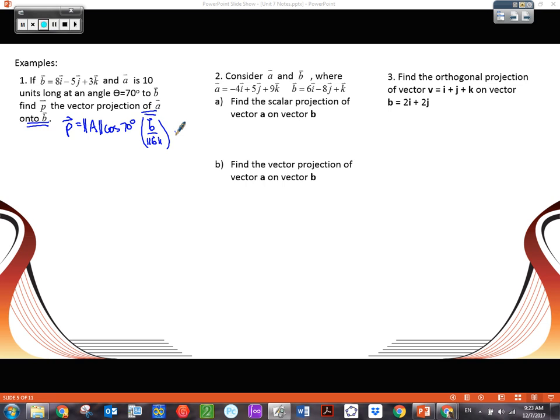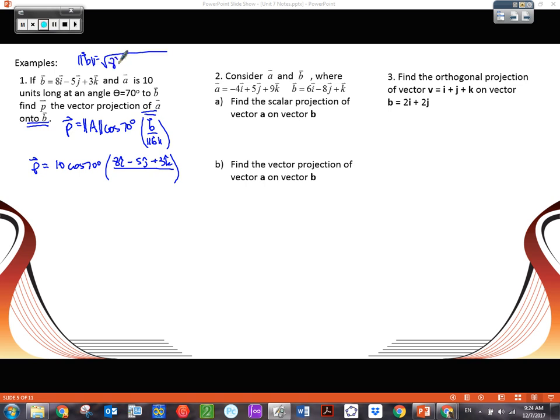So let's do that. The magnitude of A, we're told, is 10. We already have that, right? So it's 10 cosine 70 degrees times vector B, which is 8i minus 5j plus 3k, over the magnitude of B. Let's do a little scratch work up here and find the magnitude.